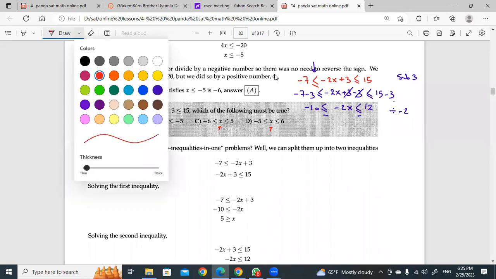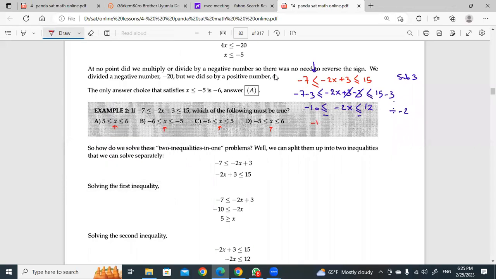So it will be negative 10 divided by negative 2, and this sign changed, and then I have negative 2x divided by negative 2, and this sign changed, and then I have 12 divided by negative 2.